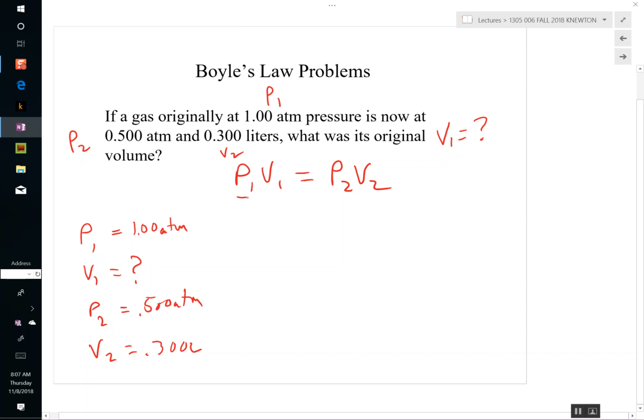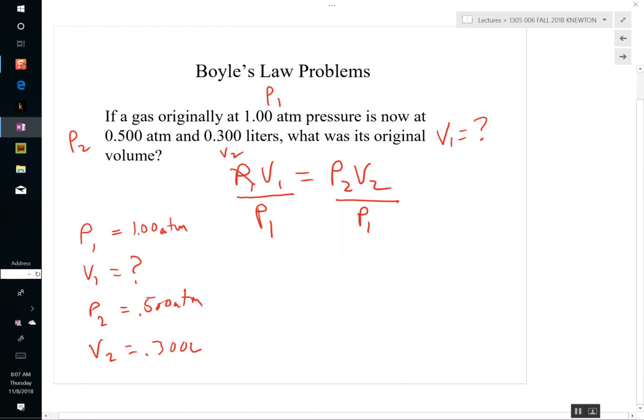All right, so we want to get V1 all by itself. Remember, you can do whatever you want. This is algebra, college algebra, that we use continuously in this class.